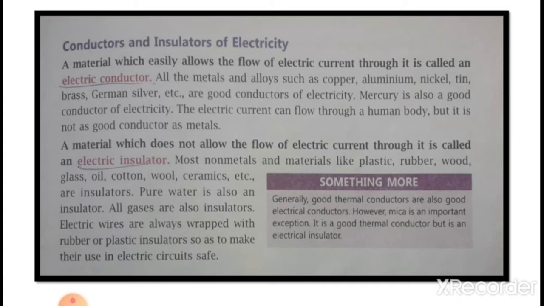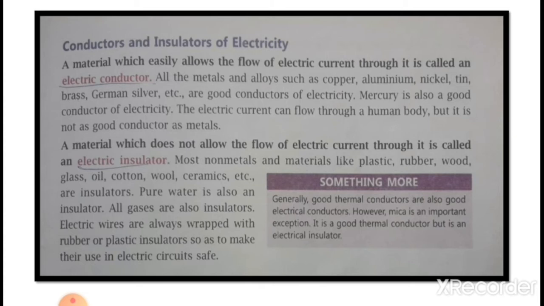Okay, so electric insulators are the materials which do not allow electric current to pass through them. Okay, so they are known as electric insulators. Examples are all the non-metals and the materials like plastic, rubber, wood, glass, cloth, wool, ceramics, etc. are insulators. Important thing is that pure water is an insulator.